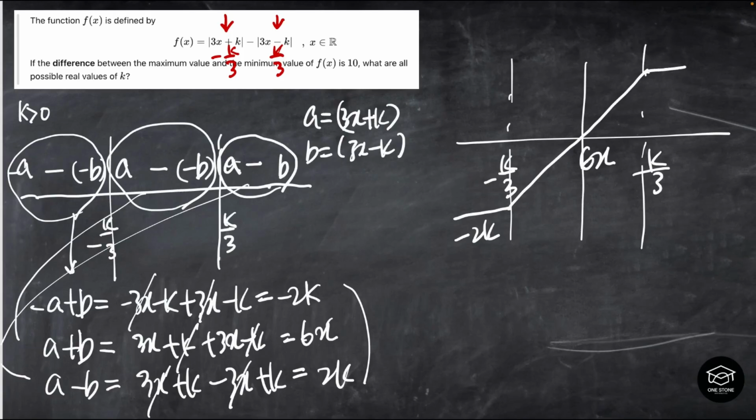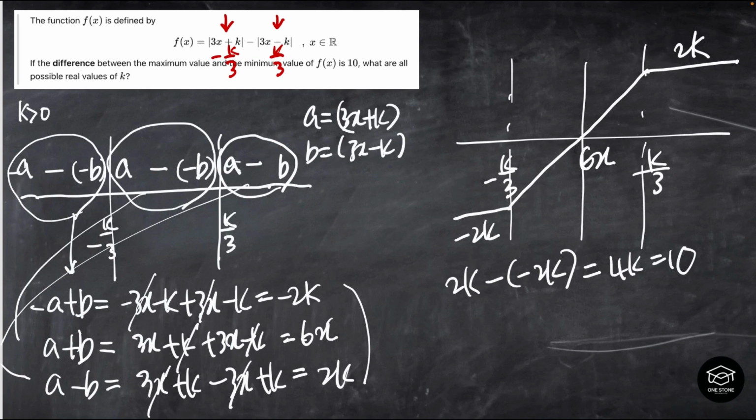In the third interval, where x is greater than k over 3, the function is again constant and equals 2k. We are told that the difference between the maximum and minimum values of the function is 10. That means 2k minus negative 2k equals 4k. So 4k equals 10, and solving for k, we get k equals 5 over 2.